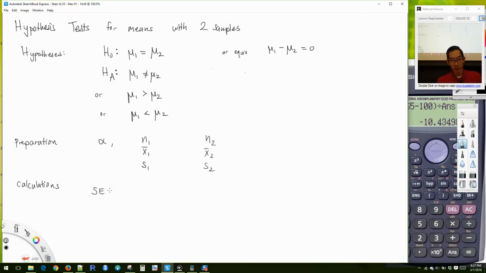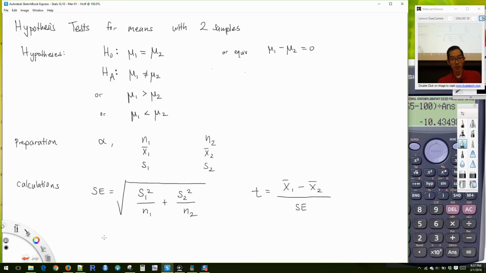Standard error: the square root of s1 squared over n1 plus s2 squared over n2. You get a test statistic t, and this is x bar 1 minus x bar 2 divided by our standard error.